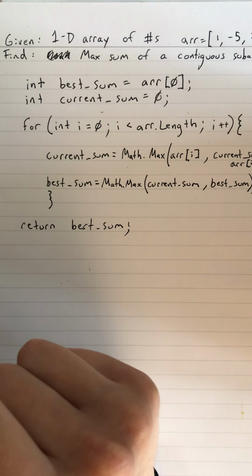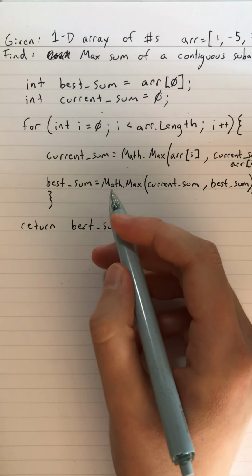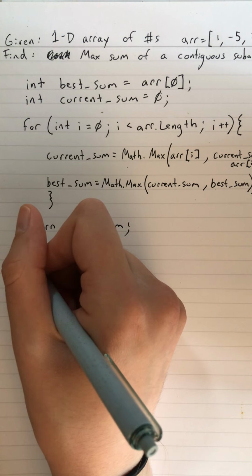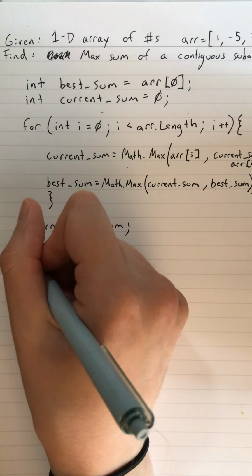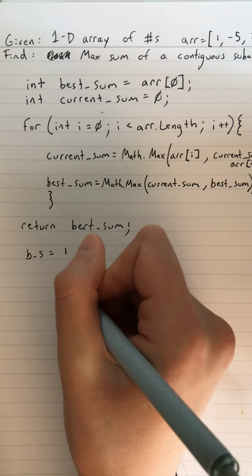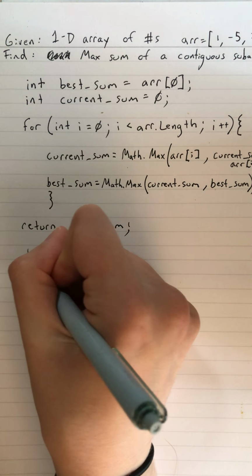So what's going to happen through this array is best sum will be initialized to 1. Current sum to 0.